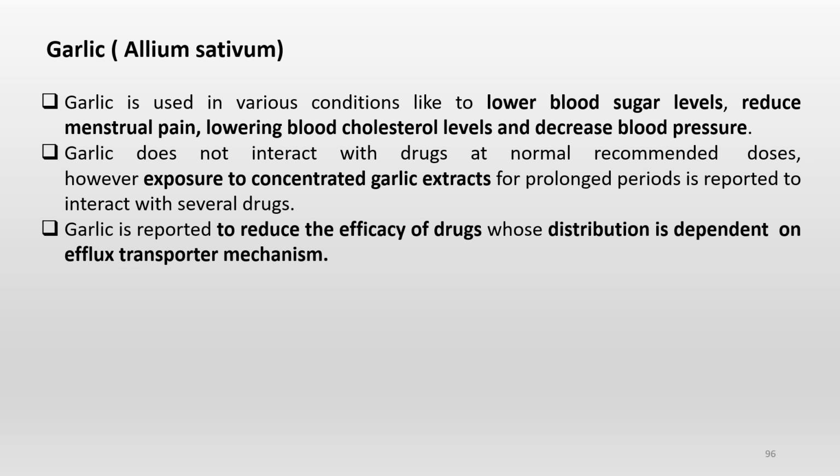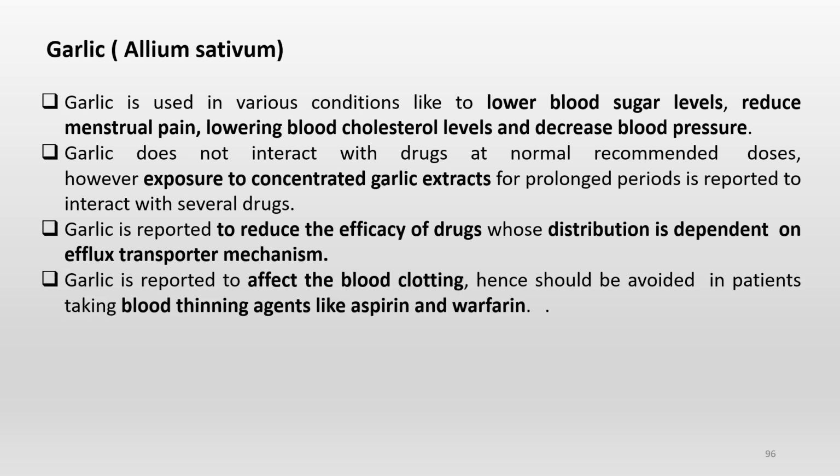Garlic is reported to reduce the efficacy of some drugs whose distribution depends on the efflux transporter mechanism. Garlic is reported to affect blood clotting, hence should be avoided in patients taking blood thinner agents like aspirin and warfarin.